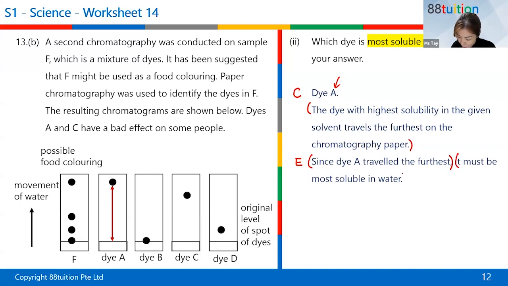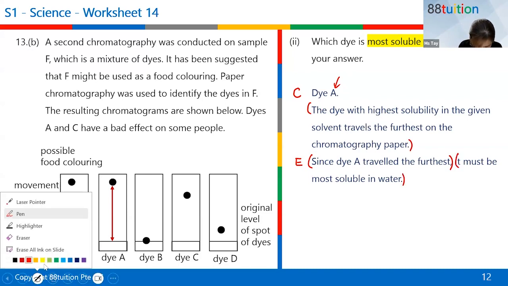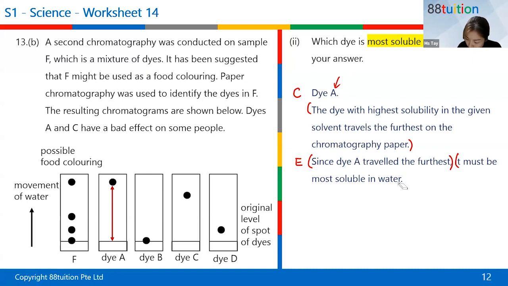So the reasoning is actually, I should use another color. Okay, so the reasoning is over here. So this is CER. And I believe your teacher must have told you it's okay if you write down CER.